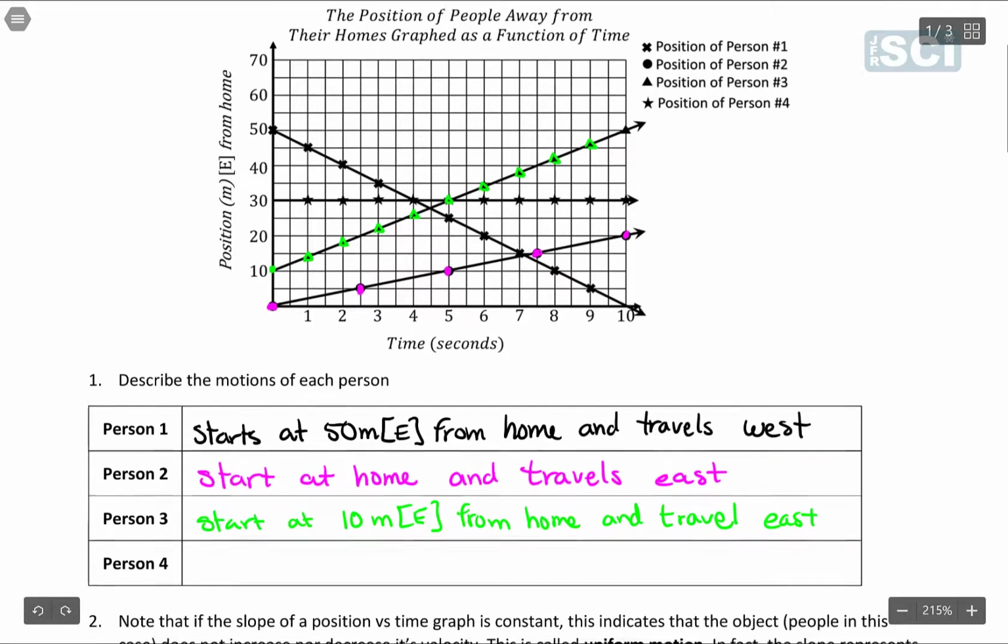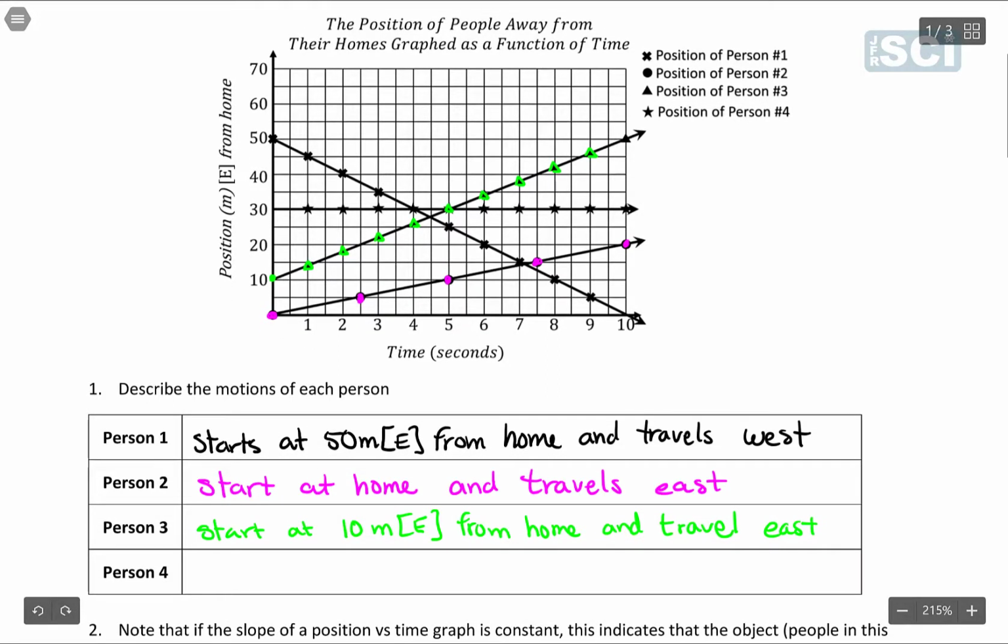Okay? And then person 4, we will represent them with the blue, and they are represented in stars, and I try my best to draw the stars. Here we go. And you can see that their position initially was 30 meters east of home.